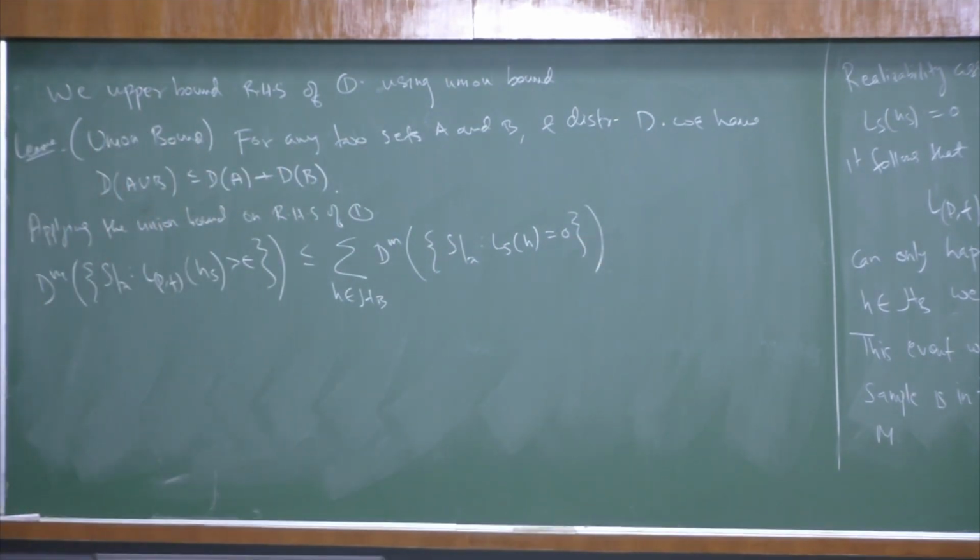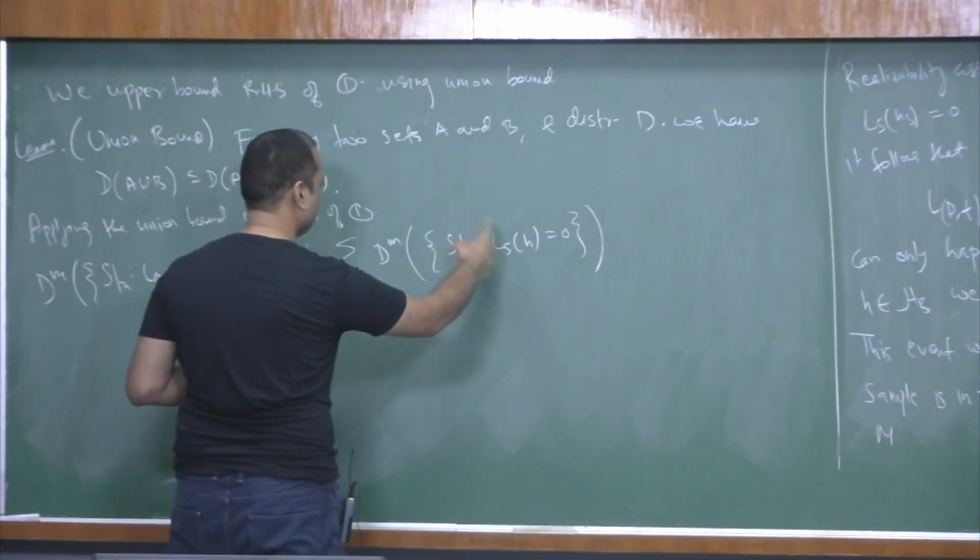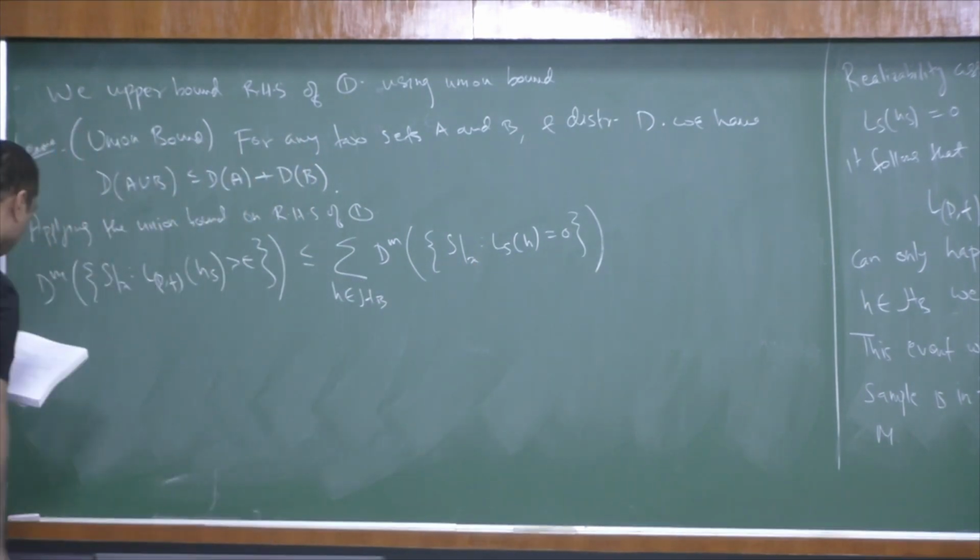This is just an application of the union bound. Now we are interested in bounding each of the summands. Can we have some bound on these interior terms?